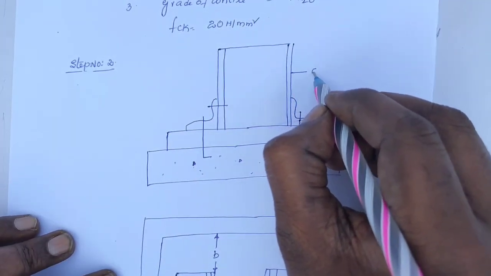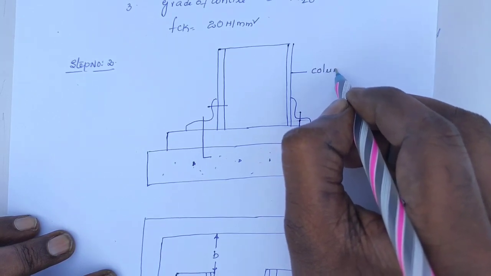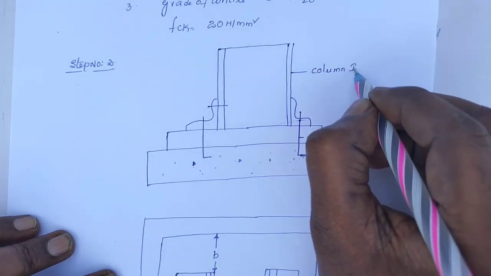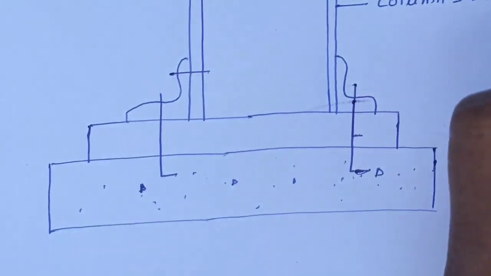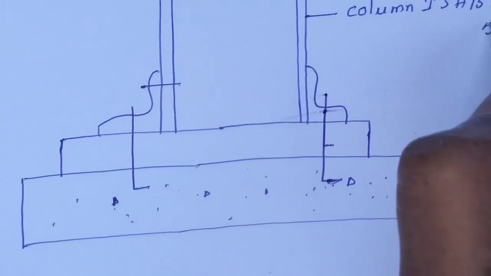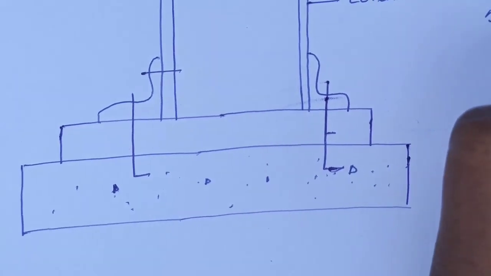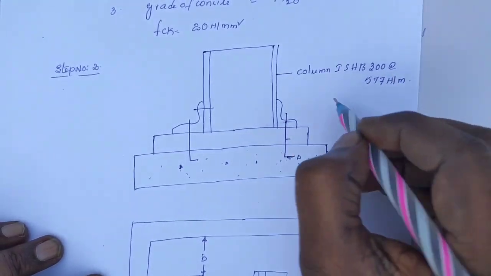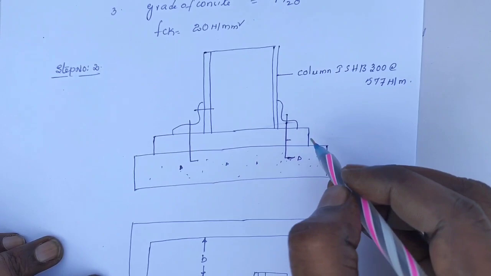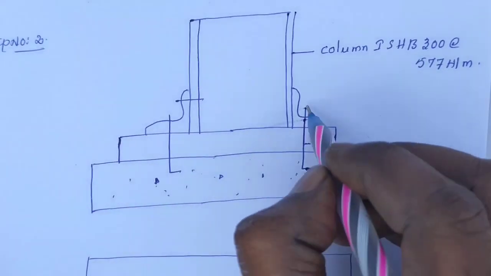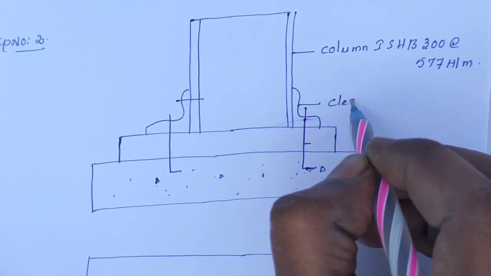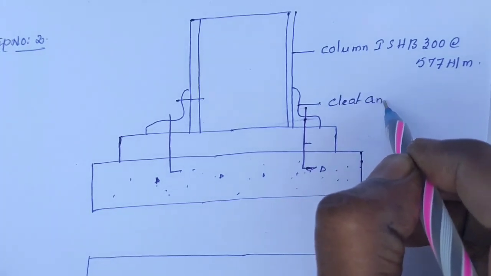The width of the base plate is shown with the cleat angle.